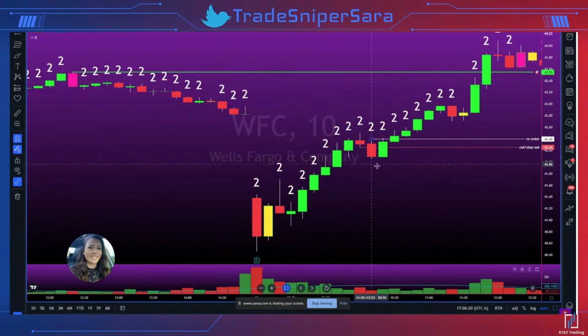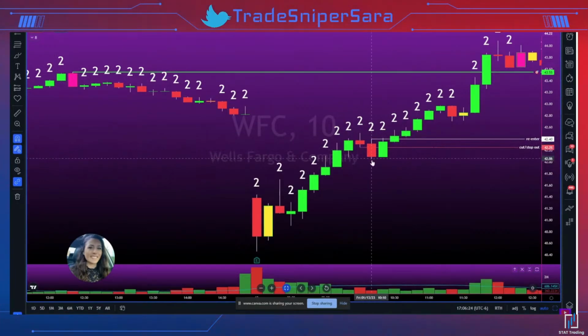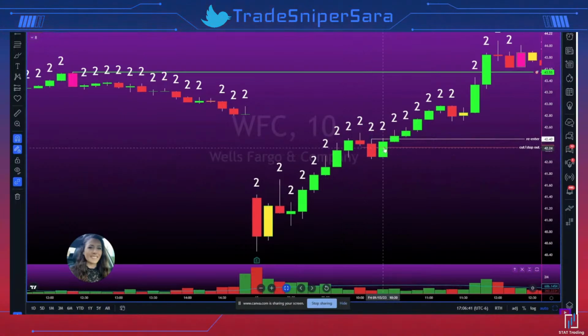So you don't have to hold through these. Some people use these as an opportunity to add, but again, what if it pulled back all the way to here and now you're back to break even? So you don't have to, right? So you could cut here when this went 2 down, and then you can simply re-enter right here, and you're not missing much profit at all, but you're protecting all the profit that you did make.